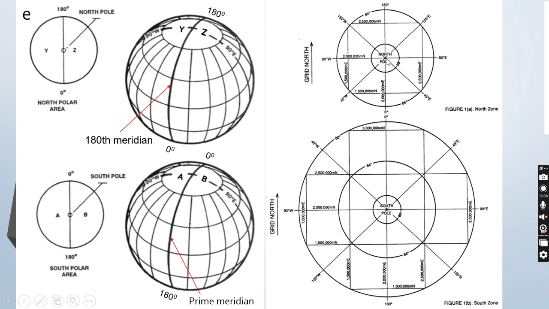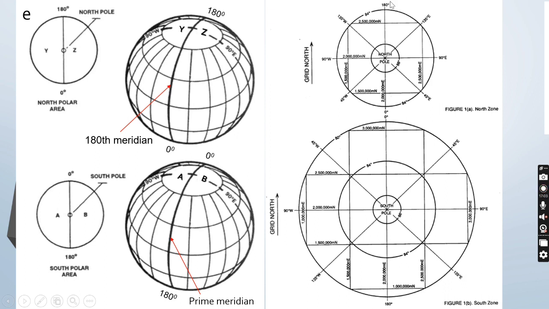That is the reason, after projection, if we try to see and understand, this is the north pole. What happened? The north pole, as I told, covers only from 84 to 90 degrees, 6 degrees, whereas the south pole covers 80 to 90 degrees, that is 10 degrees. So that is the reason the area of this circle is smaller in the case of the northern pole, and the area of the circle for the southern pole is relatively bigger.